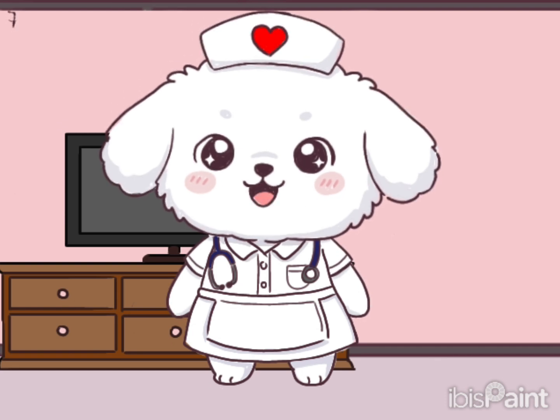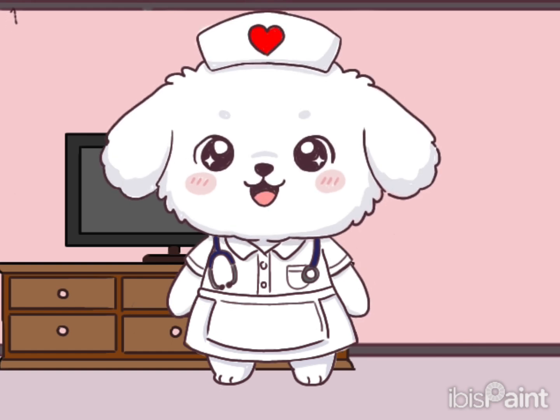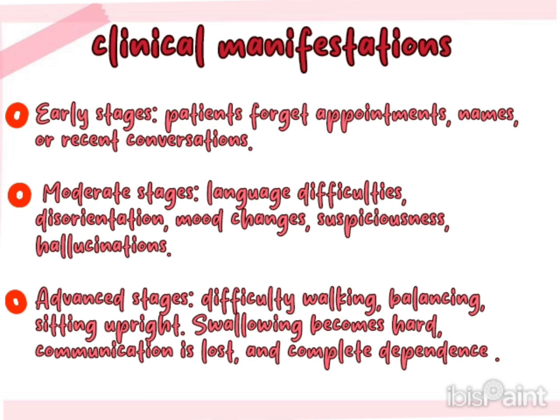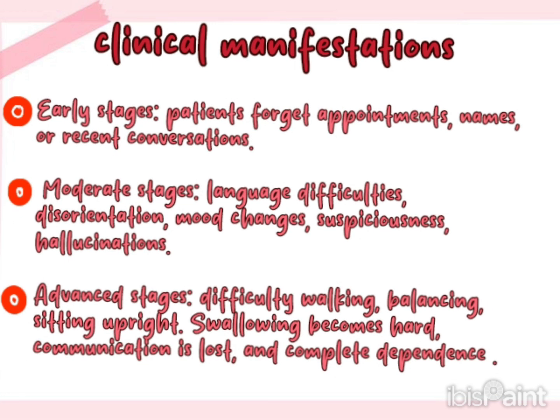Speaking of symptoms, the clinical manifestations of Alzheimer's are divided into stages. In early stages, patients forget appointments, names, or recent conversations. They may lose objects or struggle to organize tasks. In moderate stages, the problems grow.